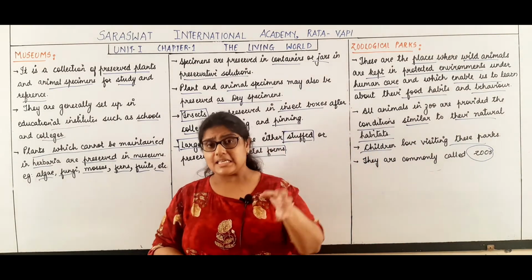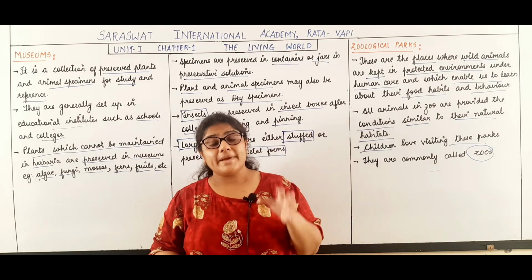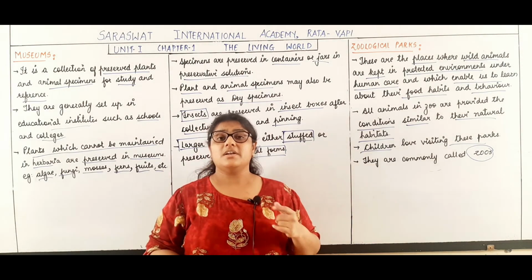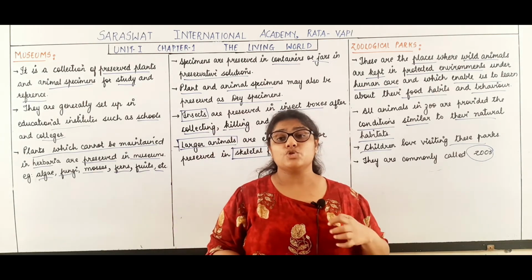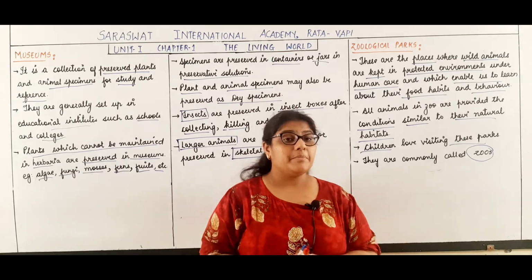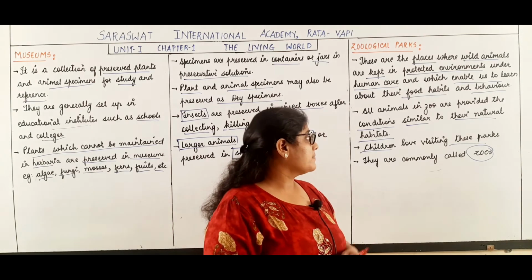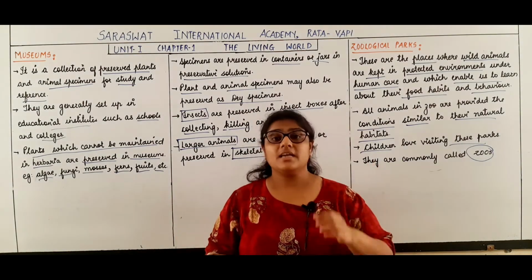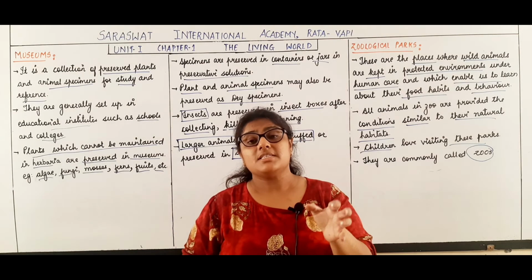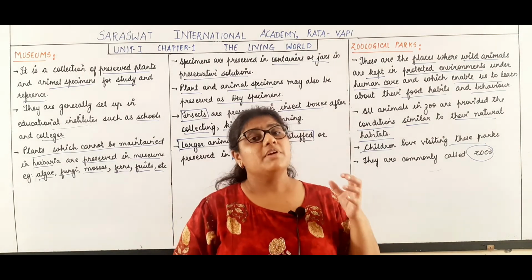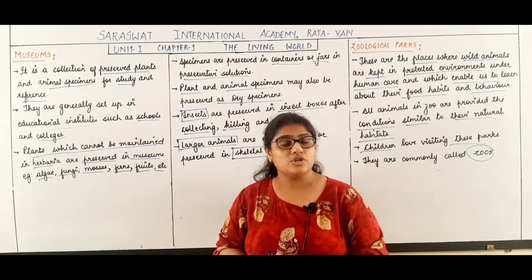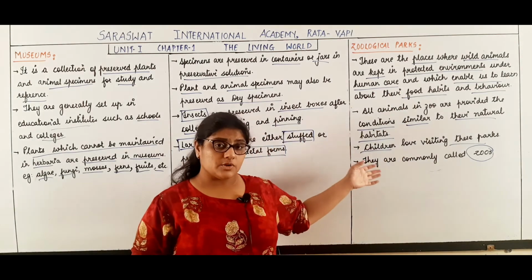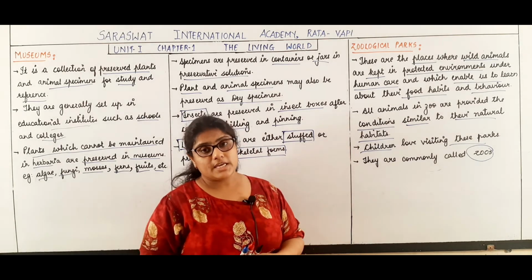It is a place where wild animals are maintained in living condition under the human care, and through this it enables us to know the food habit and behavior of an organism. Basically the conditions similar to the natural habitat will be provided to each and every animal maintained in the zoological park, and these zoological parks are commonly called zoos.